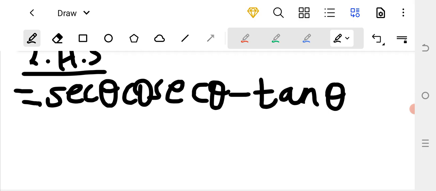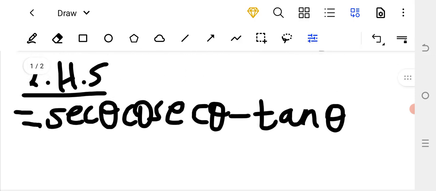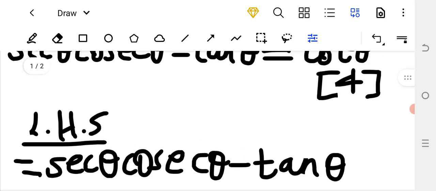For us to answer this properly, we need to go back to sine theta and cos theta. That's when it would be easy for us to answer this question. So I need to simplify this into those.